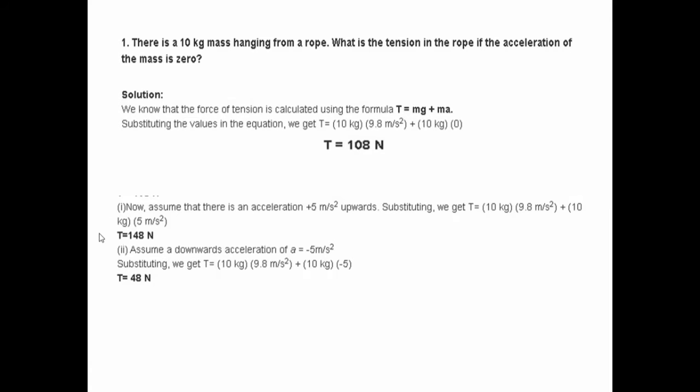After calculating, we get tension T is equal to 148 newtons. Similarly, assume a downward acceleration, that is a equal to minus 5 meter per second square. Substituting, we get T is equal to 48 newtons. I hope this problem is clear to you.